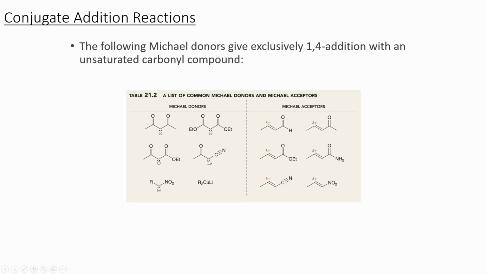Notice these are all stabilized enolates, except for the copper species and this stabilized negative charge here with the nitro group. And then our Michael acceptors are all alpha-beta unsaturated carbonyl compounds or alpha-beta unsaturated electrophiles like this nitro and this nitrile that still create a positive charge on the beta carbon.